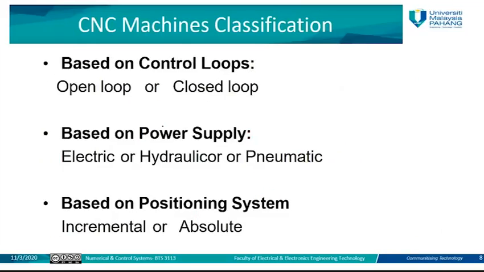The fourth type is based on the control loops. You remember when we talked about the components of the MCU, we said the MCU consists of the data processing unit and the loop control. So the control loop here can be either open loop or closed loop. Later on, we are going to talk in detail about open loop control and closed loop control.